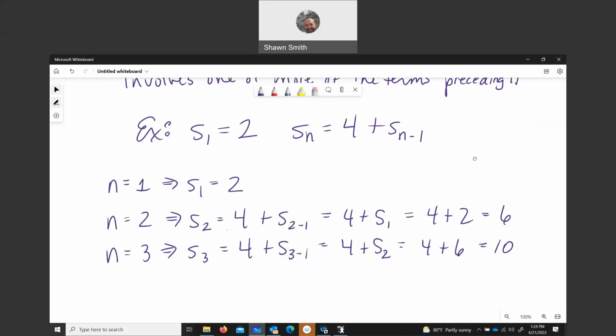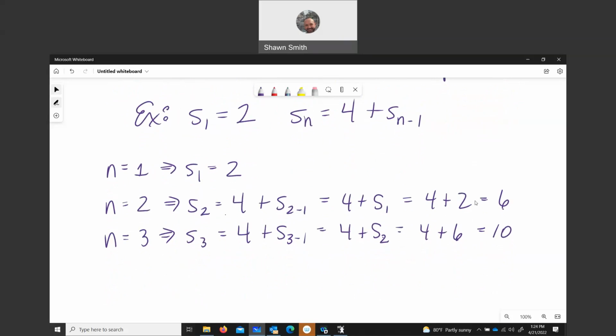Actually, you can pretty much determine what the pattern is. 2 got to 6 by adding 4 to it. 6 got to 10 by adding 4 to it. So n equals 4, S of 4 would be add 4 to 10, right? It's 14. And for 5, add 4 to 14, and so forth, and keep on going on and on.